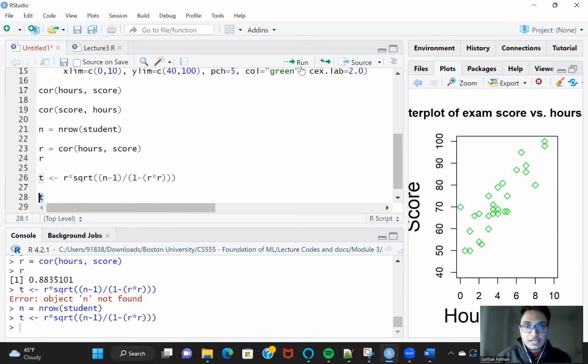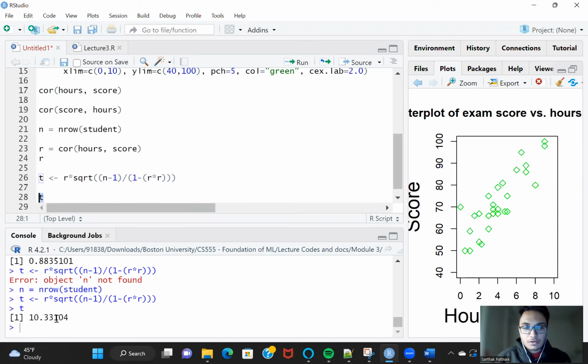Let's see what my test statistic value is. It's somewhere around 10.331.